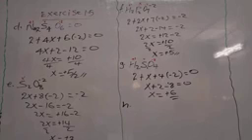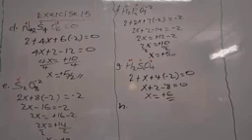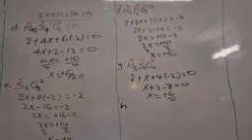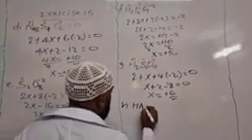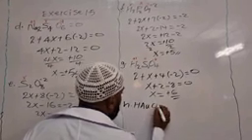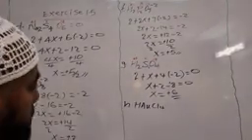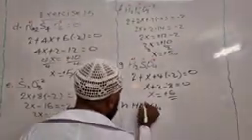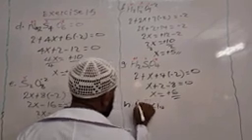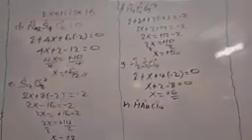When we come to the next question, this is chloroauric acid. Therefore, the oxidation number of gold is required. Hydrogen is obvious, +1. Chlorine is also obvious, -1 in this compound.